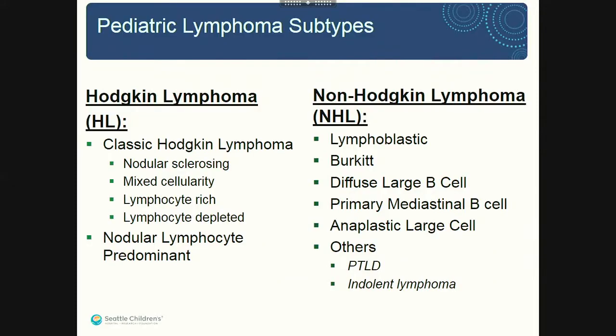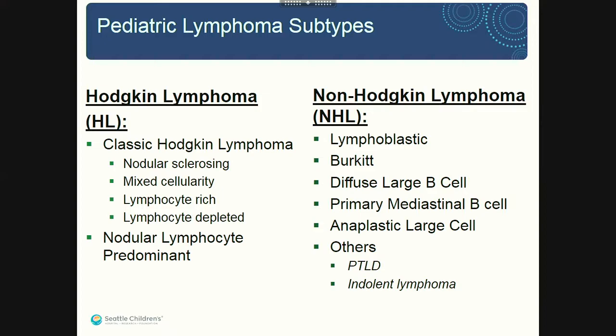So these are the two divisions of lymphoma. You've got your Hodgkin's lymphoma and your non-Hodgkin's lymphoma. Along this column here, you've got your classic Hodgkin's lymphoma and the different pathologic subtypes, and then you have your nodular lymphocyte predominant lymphoma, or Hodgkin's.